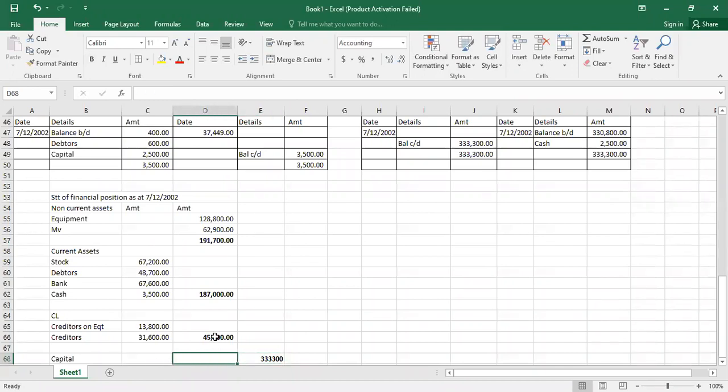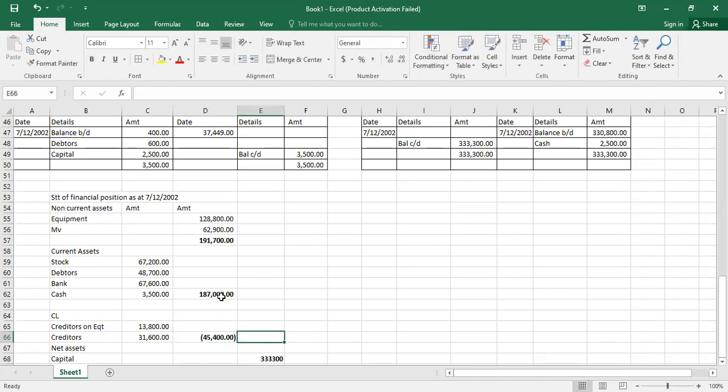So to get the net assets, I get this by subtracting the current liabilities. To subtract, I'll put them in brackets just to show that I am subtracting.